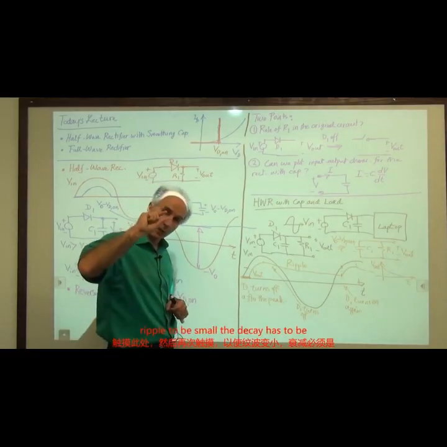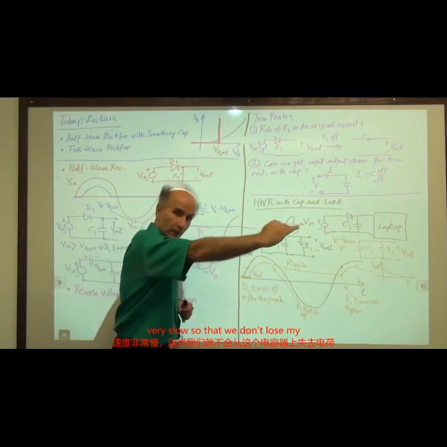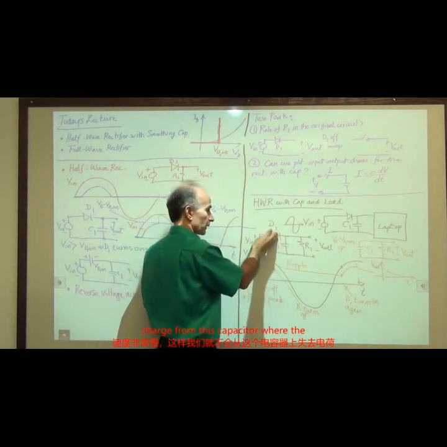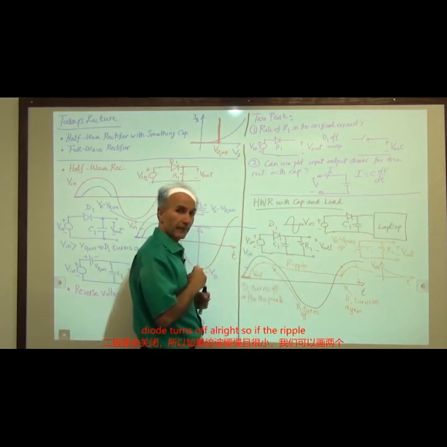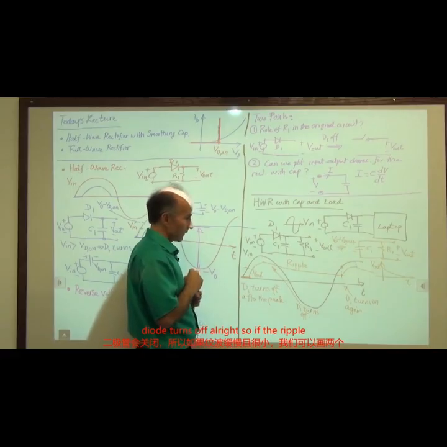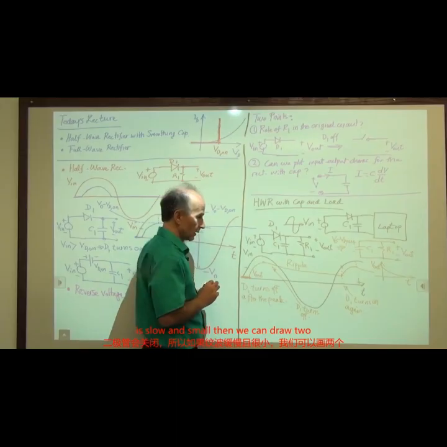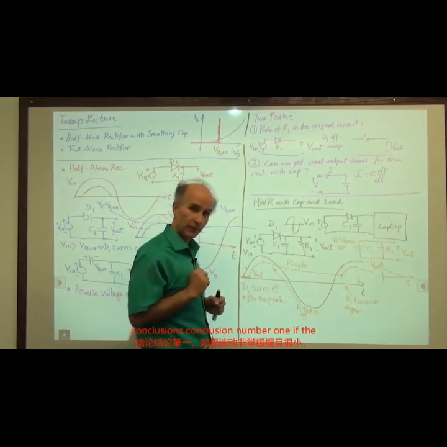So for the ripple to be small, the decay has to be very slow, so that we don't lose much charge from this capacitor when the diode turns off. All right, so if the ripple is slow and small, then we can draw two conclusions.